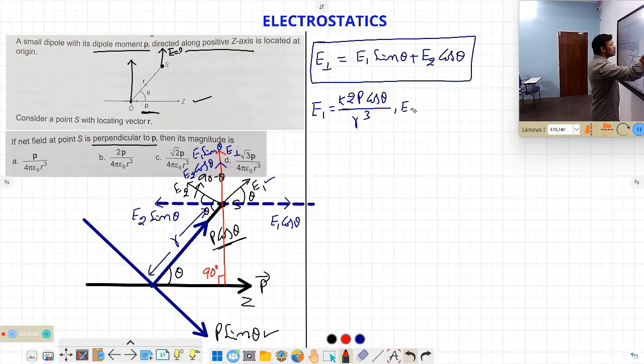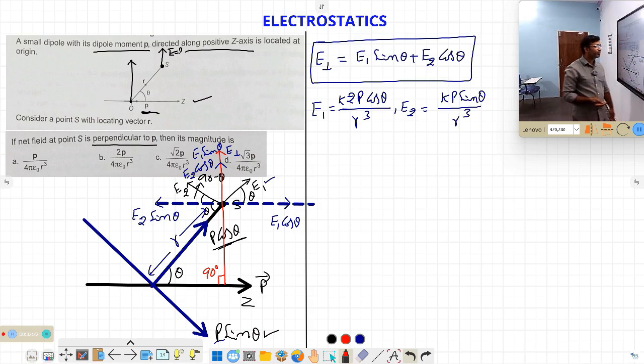Next, what is E2? E2 is another component. What is that component? This component is exactly opposite to P sin theta. That's why I can write it as K into P sin theta by R cube. Now apply this E1, E2 in the above formulas. What do you get?